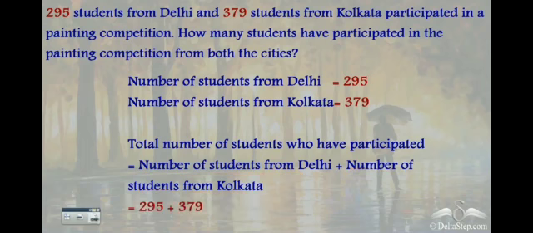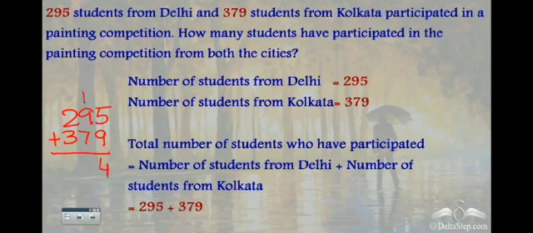Now let's add these. 295 plus 379. Now what is 5 plus 9? 14. So I have a 4 with 1 carry. 1 plus 9 is 10 and 10 plus 7 is 17. So I write 7 here with 1 carry.